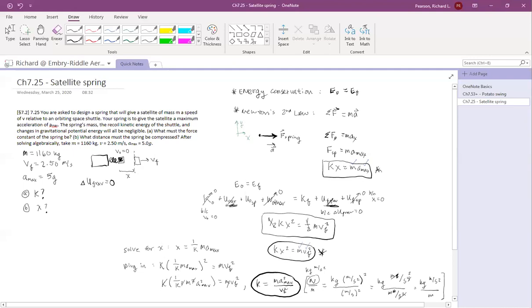And we can do it in either of the equations. It doesn't matter. I'm trying to think which one would be best, or easiest. Actually, it doesn't matter. Okay, so let's just do it up here. This one. So now with k, we have that x is equal to m a max over k.